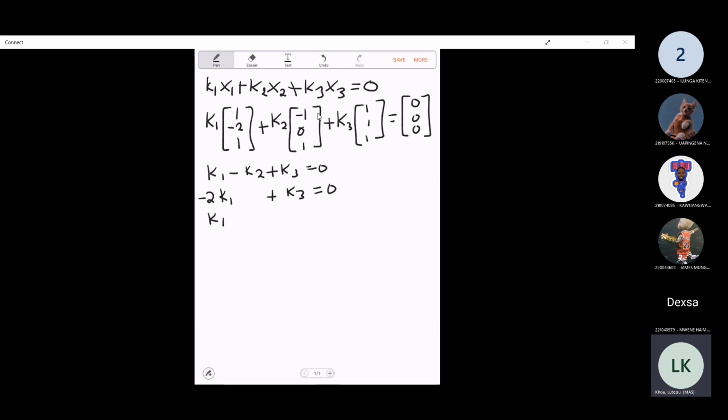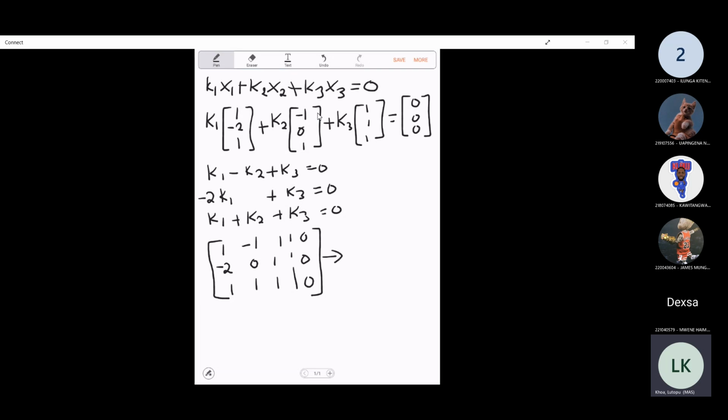Then K1 plus K2 plus K3 is 0. Okay, now the augmented matrix. We have 1, minus 1, 1, 0, minus 2, 0, 1, 0, 1, 1, 1, 0.